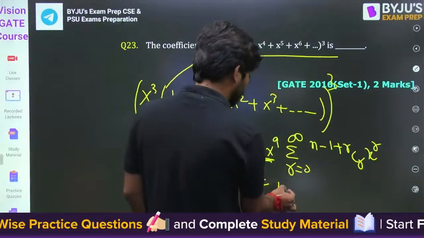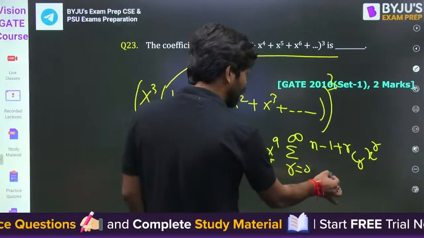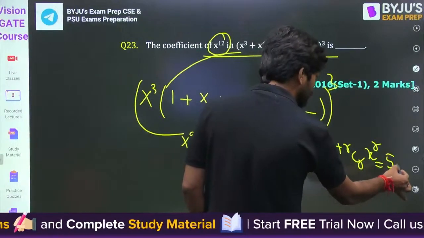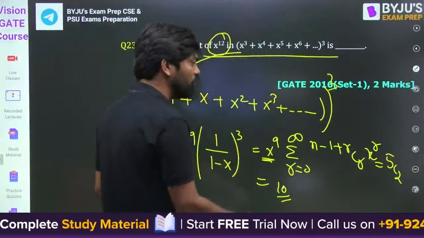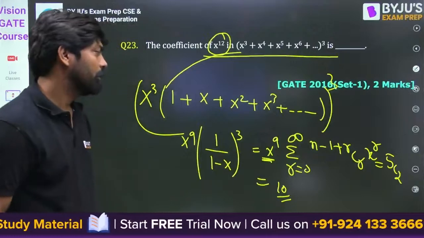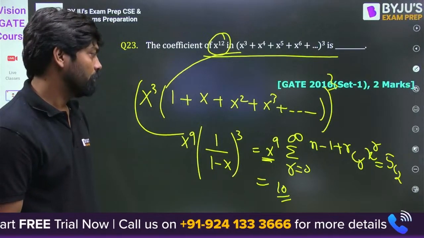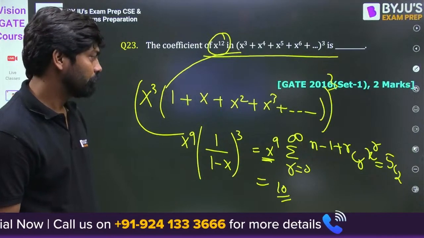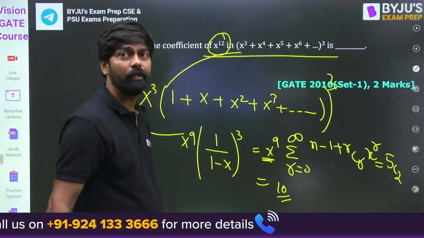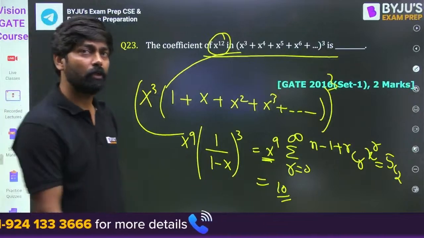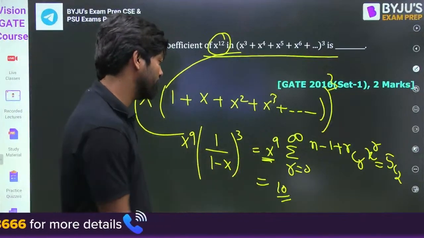I think you will get 10. You will get 5C2, you can just solve this. 5C2 or 5C3, it is nothing but 10. You just solve this and you will get 10 here. 5C2 answer will be 10.